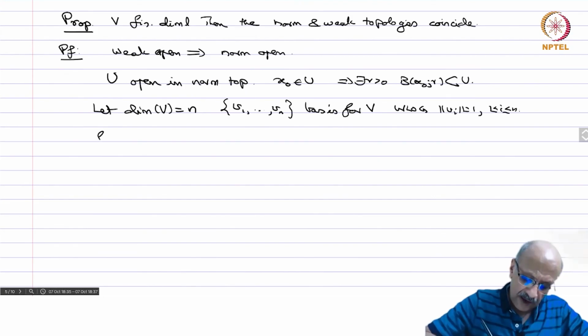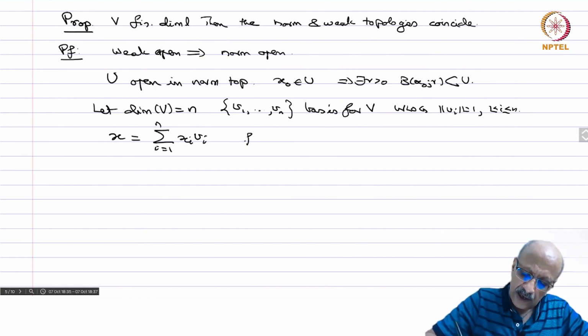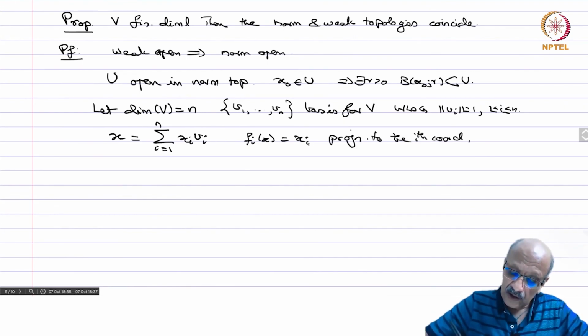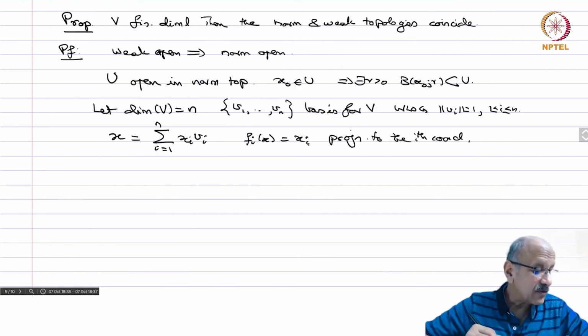So then fi, okay, so any x can be written as sigma xi vi, i equals 1 to n, and so you take fi of x equals xi. So projection to the ith coordinate. So then these are all continuous linear functionals.